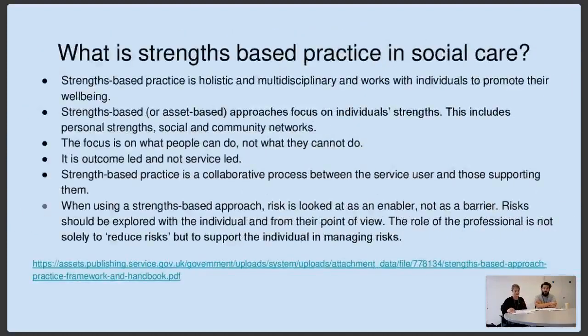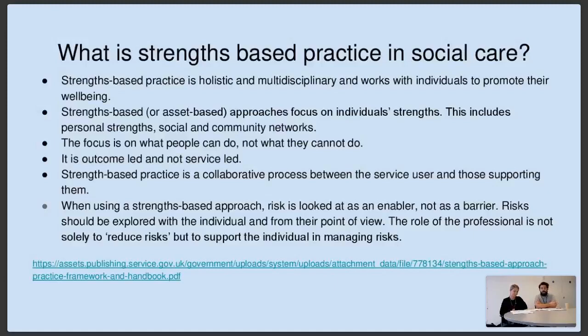Okay, so we'll start with the basics: what is strengths-based practice in social care? As you can see on the slides, strengths-based practice is holistic and multidisciplinary, and works with individuals to promote their well-being. One of the main differences from other models of adult social care is that it focuses on what people can do, their individual strengths, their abilities, and what assets they might have.